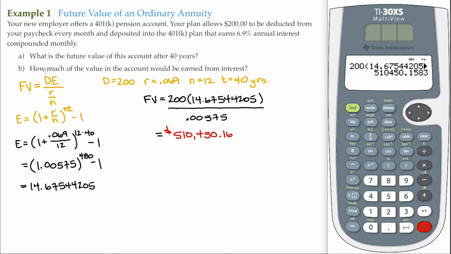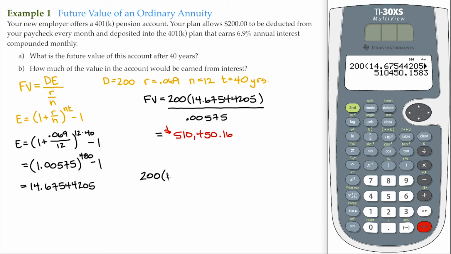Now, B says how much of the value in the account would be earned from interest. So now you are depositing money, $200, every month for 40 years. So you were putting in $200, or your employer was putting in $200 every month.